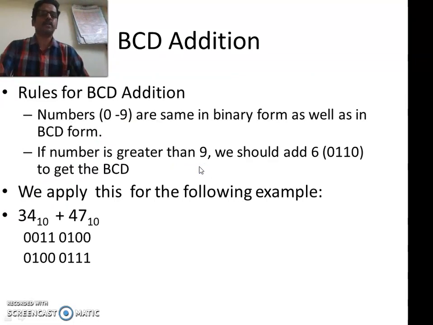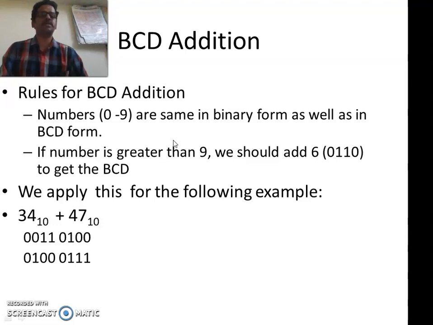Now we'll see the BCD addition in detail. Rules for BCD addition. Though we are going to try to perform arithmetic operations directly with decimal numbers, we are taking the help of binary number system. That is, we are representing our decimal numbers in binary coded decimal form. So there is a direct relationship between binary number form and BCD form. So we need to know the valid symbols of BCD form.